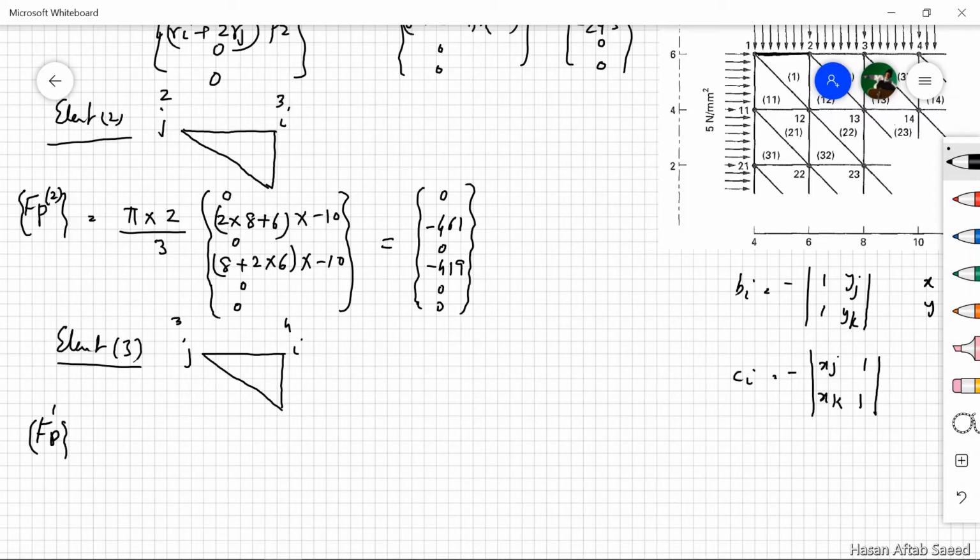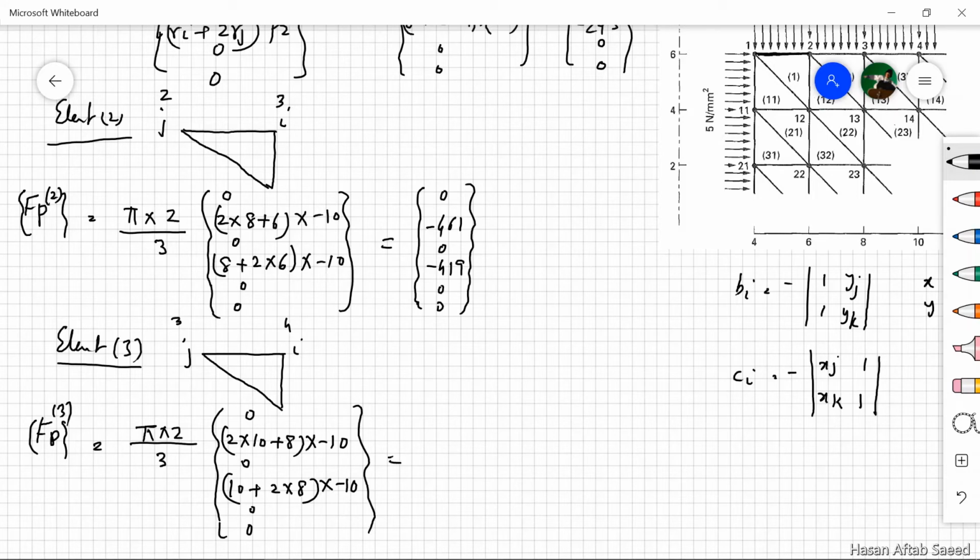So FP3 is the length again the same, 2 over 3, 0, 2 into 10 plus 8 into minus 10, 0, 10 plus 2 into 8 into minus 10, 0, 0, and this gives us minus 586, 0, minus 545, 0, 0.